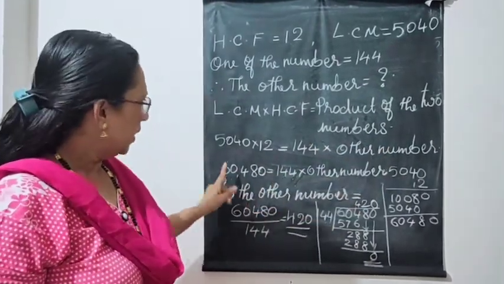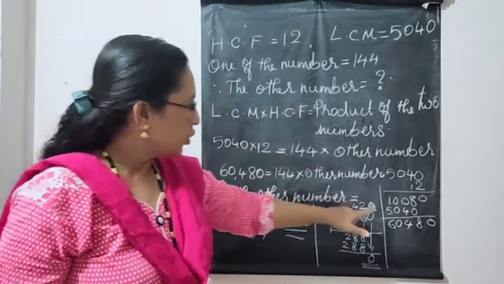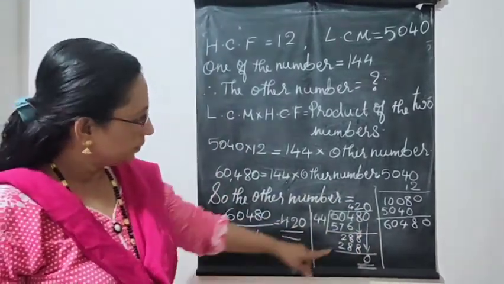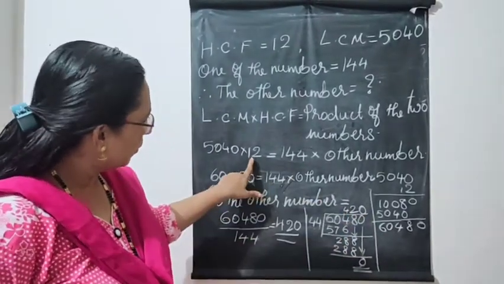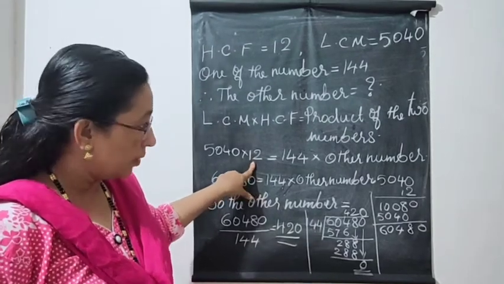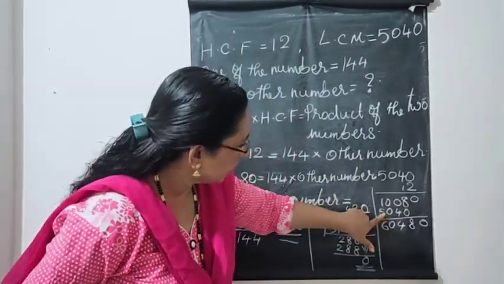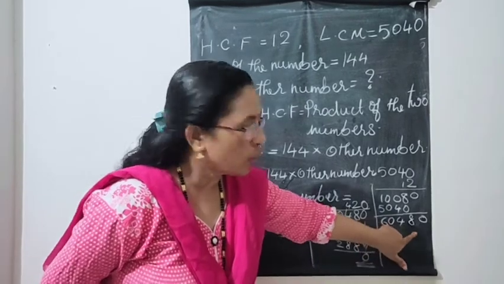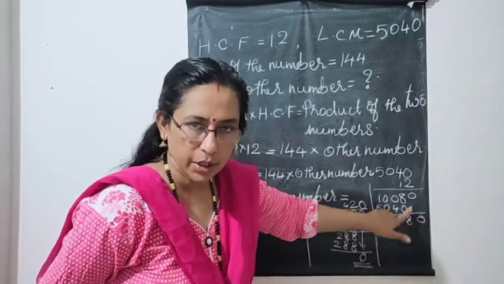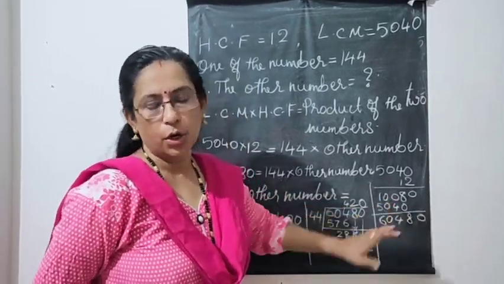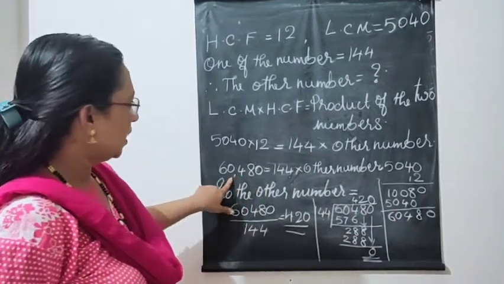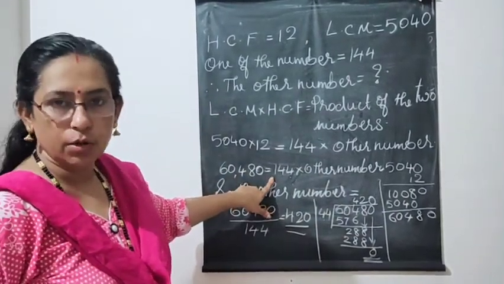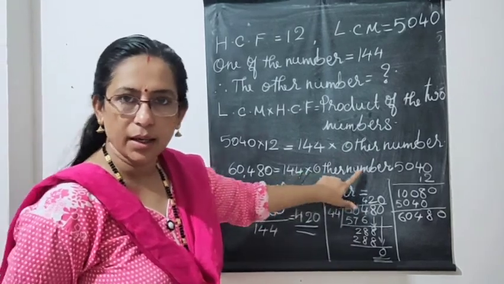Okay. Then 5040 multiply 12. What we will get? 60,480. This calculation also you have to show in your notebook. So 60,480 is equal to 144 multiply the other number.